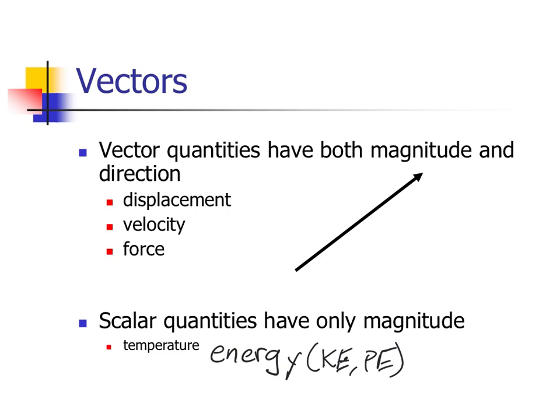And just like the movie Despicable Me, you have the evil vector that commits crime with both direction and magnitude. Oh yeah.